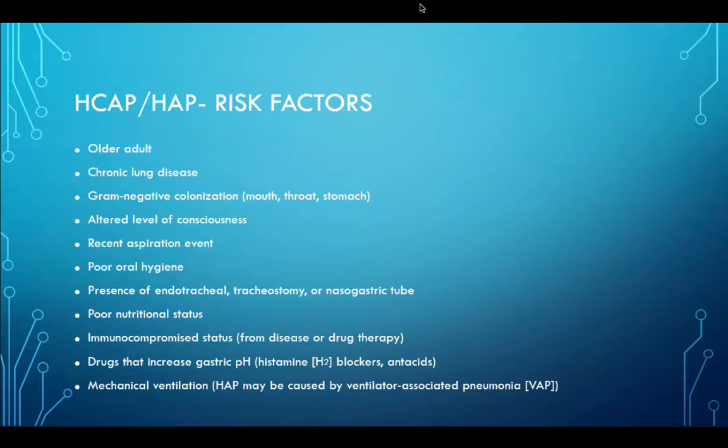Certain medications like antacids, H2 receptor antagonists, and proton pump inhibitors may allow for gastric bacteria overgrowth. If you have things like NG tubes, if you've been supine for a long time, that can not only increase your aspiration risk, but it can also increase respiratory pooling.